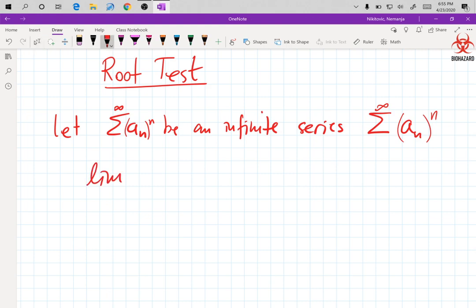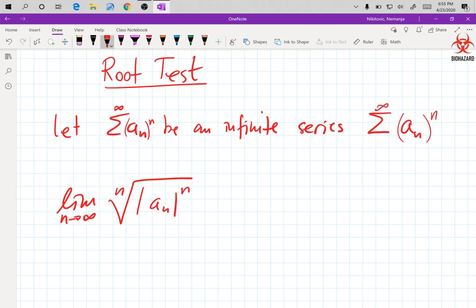Take the limit as n goes to infinity of the nth root, which is why it's called the root test, of a_n to the n. And that will have three possible answers.